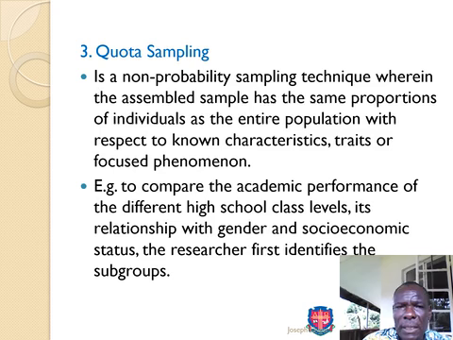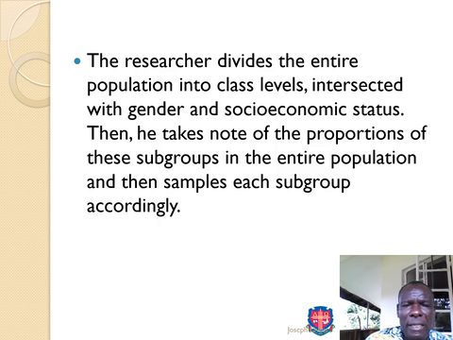For example, to compare the academic performance of different high school class levels and its relationship with gender and socioeconomic status, the researcher first identifies the subgroups: year 7, year 8, year 9, year 10, year 11, year 12.